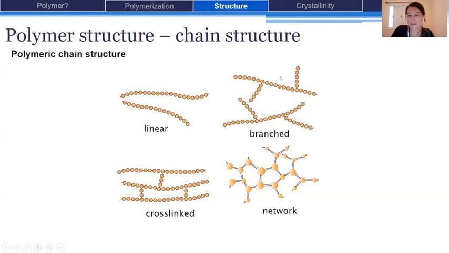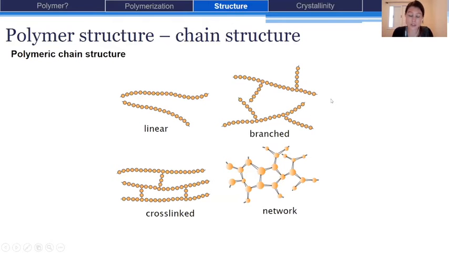The second class of polymeric chain structure is the branched structure. In that case, you have side branch chains that are covalently linked to the main chain, the main backbone.